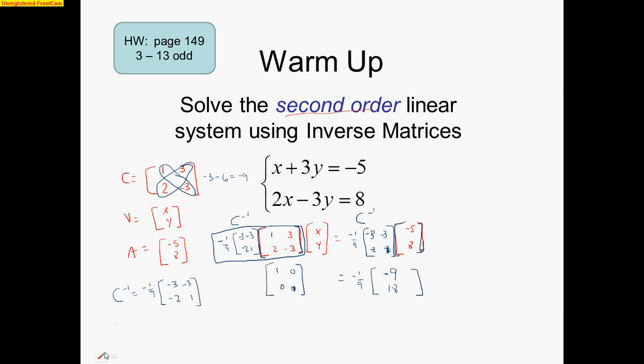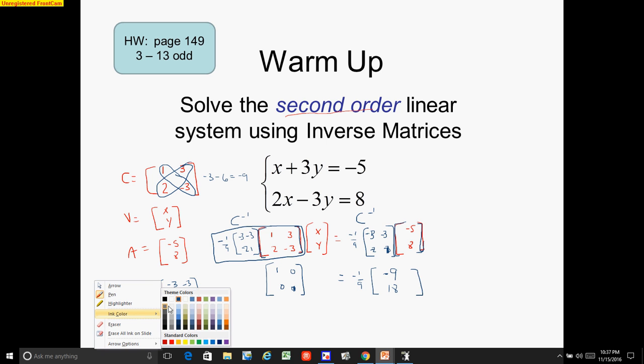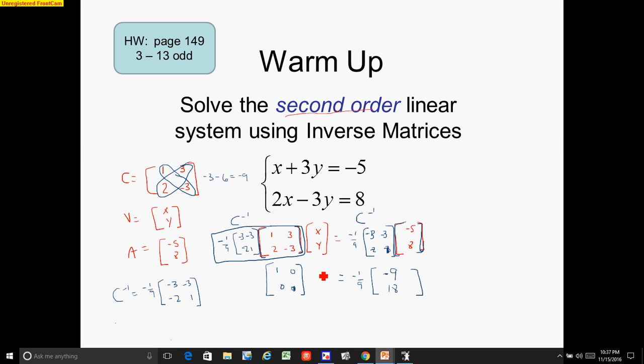So of course that was times xy here, and the identity matrix times xy is just xy, is equal to positive 1 and negative 2.